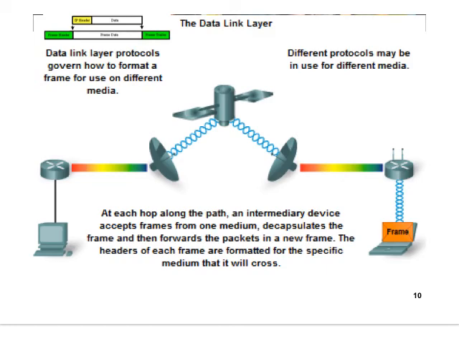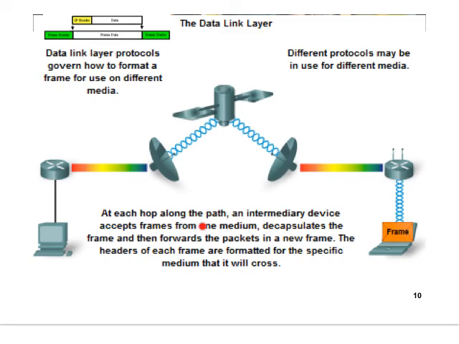The data link layer governs how to format and frame data for use on different media, and this is the first layer that starts to care about what the medium looks like physically and what its characteristics are, whether it's a wired medium, a wireless medium, or a fiber optic medium, and so on.